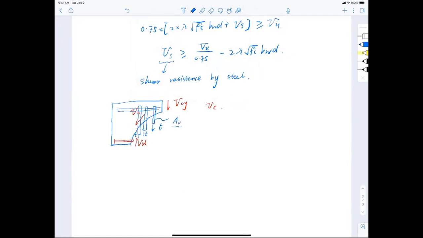First time you see this word Av. Av is the reinforcement area for the stirrups.